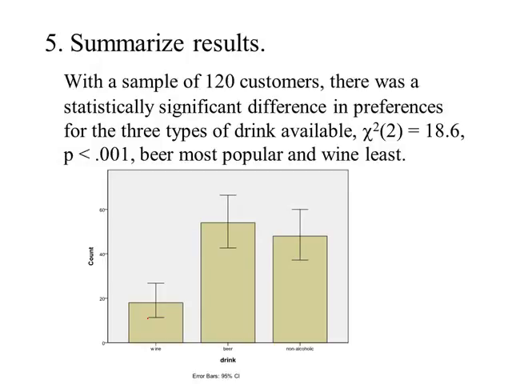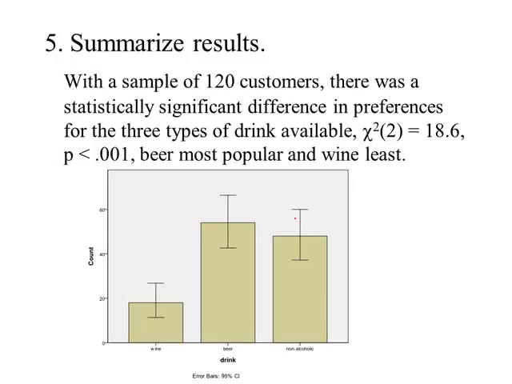Now this is a little similar to when we did a one-way ANOVA, where we know that there is a significant difference, but we can't necessarily say where the significant difference is just based on the chi-squared test. As far as I know, there's not a test that we typically use to follow this up, but a general rule of thumb for figuring out which groups are significantly different from each other is by looking at your 95% confidence interval bars.